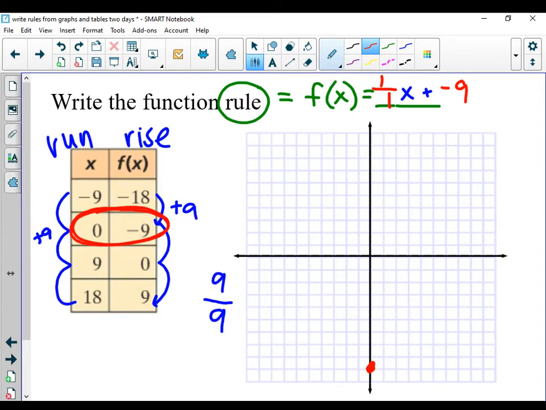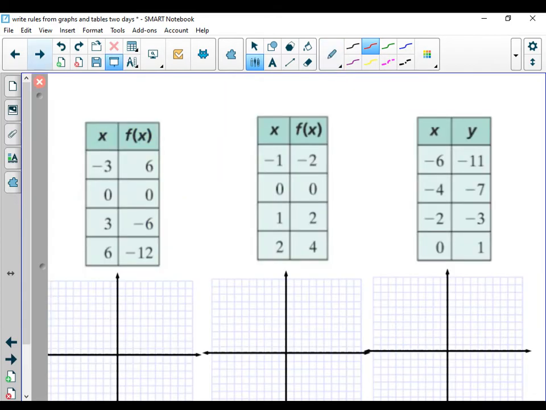Who needs help? We got this? We already know what we're doing. You already looked for a pattern in the next one. Yes. Did anybody write run and rise? It's helpful.